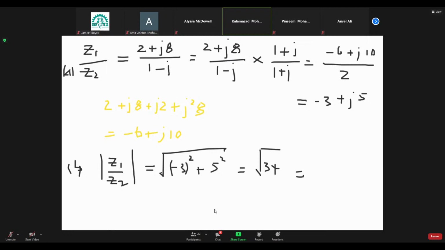It says express both Z1 and Z2 in polar and exponential form. Everybody okay with it so far? No problems, right? Okay. Next page.